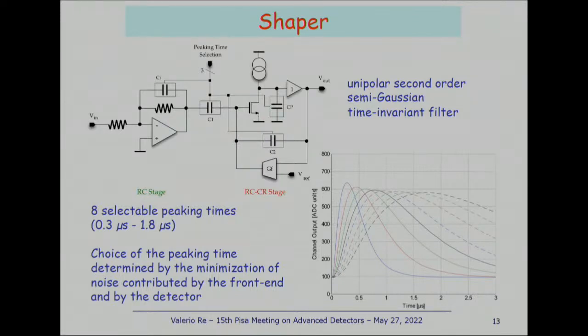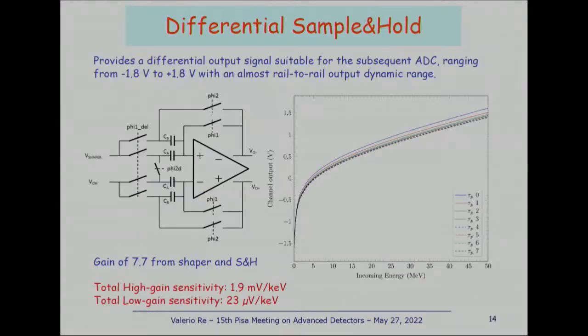So you see here the shaper, which is a classical CRRC squared filter, where we can tune the peaking time from 300 nanoseconds to 1.8 microseconds. Then we go from the shaper to the sample and hold, which holds the peak value of the signal at the output of the shaper.